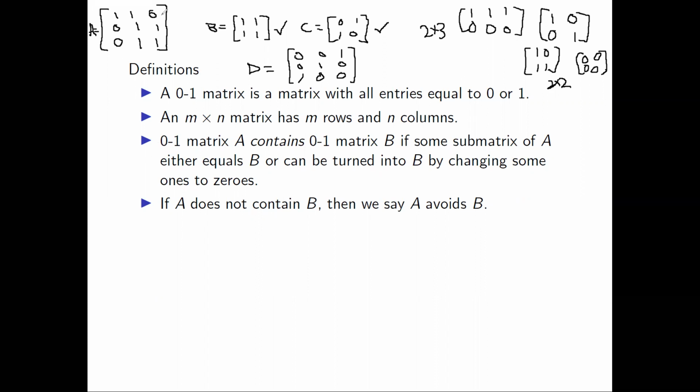The problem is that we need ones here and here to have D in A. And since there's no ones there, it means that A avoids D. So A does not contain D, A avoids D.